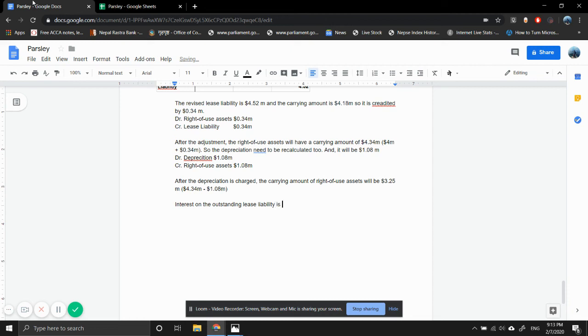Liability is $0.32 million, which is basically 4.56 million minus 1.3 million into 10 percent.